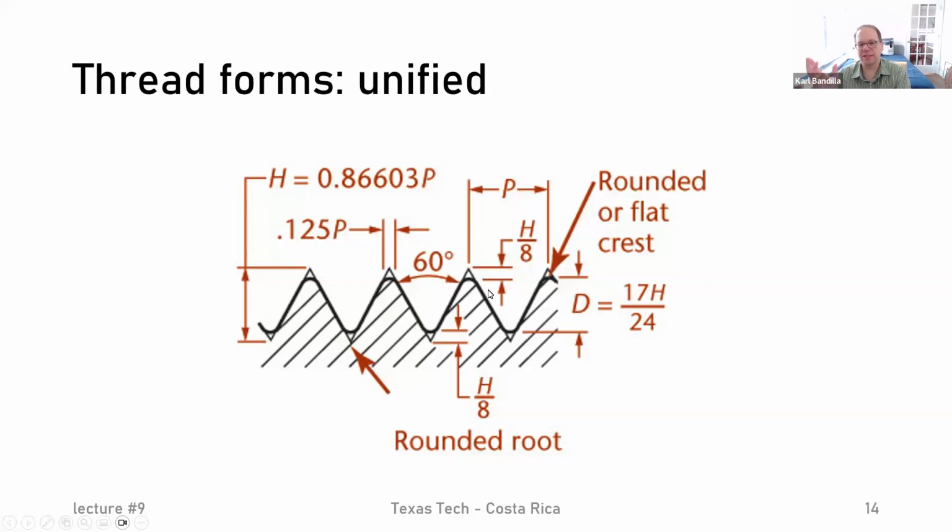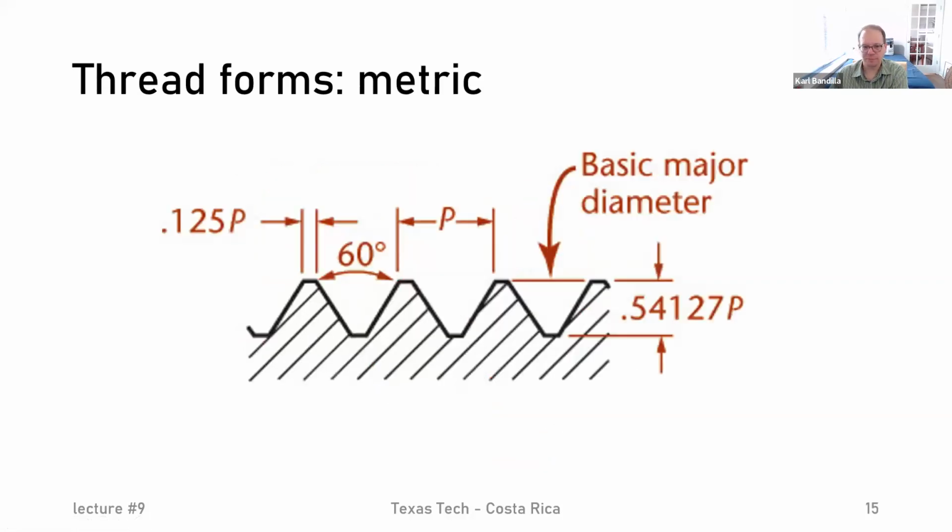There's very exact specifications for how deep it is and what the curvature is, which is not that important. But it's nice and rounded off, so you're not going to be cutting your fingers, and you're not concentrating the stresses quite as much, because a round corner has a lot less stress than a sharp one. That's the unified.